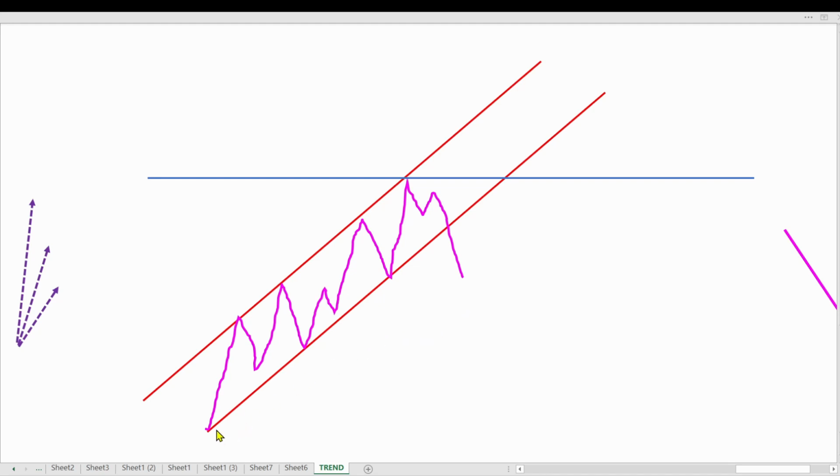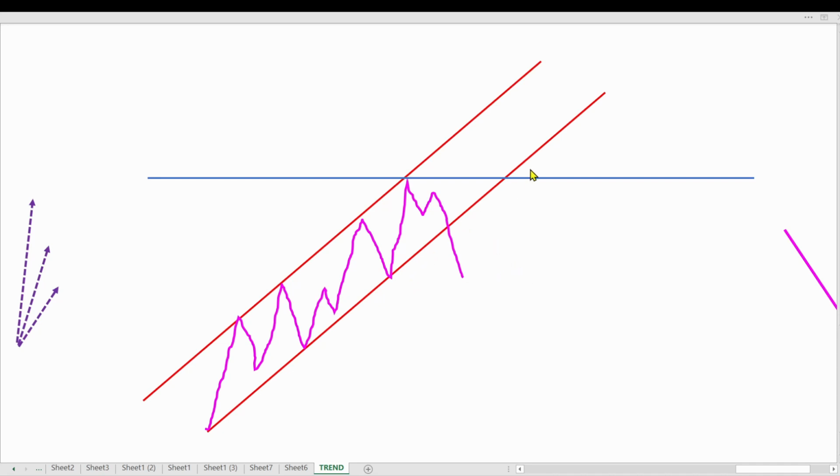You can do this by checking that the price touches at least 3 points of the channel, like one here, at least 3 points, and on the other side also 1, 2, at least 3 points. So that's the way to validate the channel, and it can be reliable, and that there's a trend in place. In this case, it is an uptrend. You can see it clearly here. We have a validated, consolidated channel here.